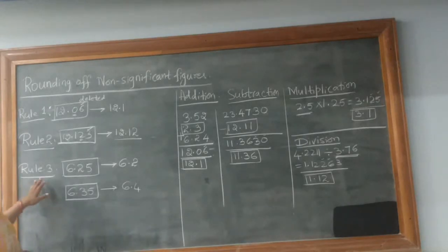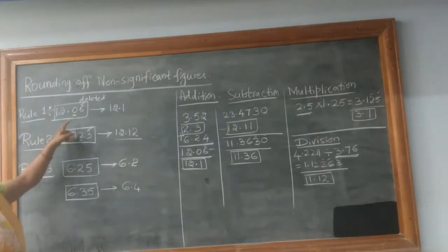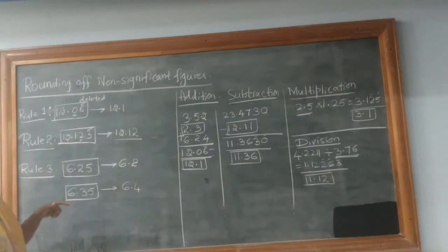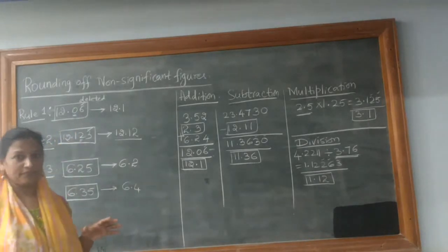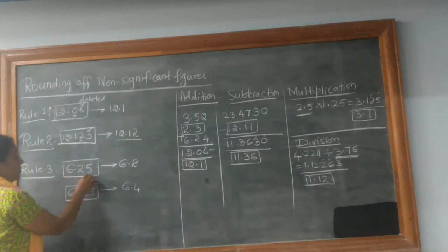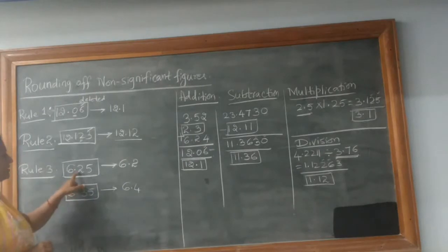Now coming to the third rule. First rule is greater than 5. Second rule is less than 5. What if the digit to be dropped is 5? Then two options are there. Look at this value 6.25.